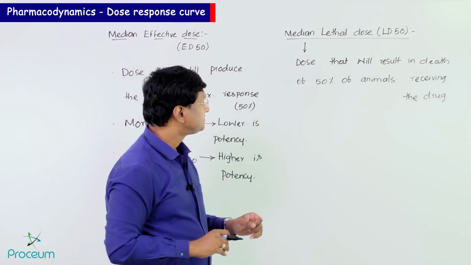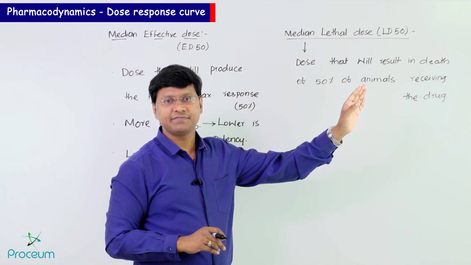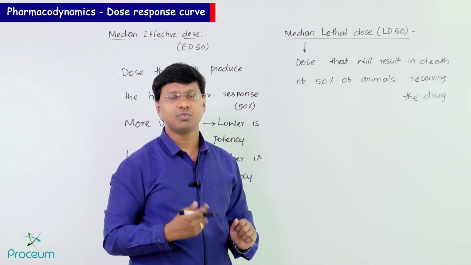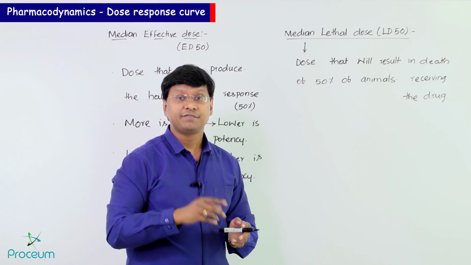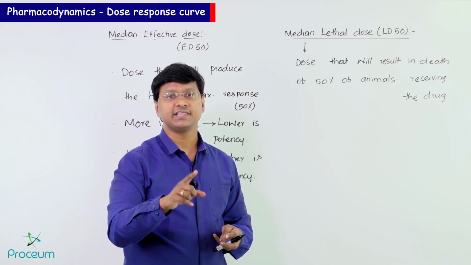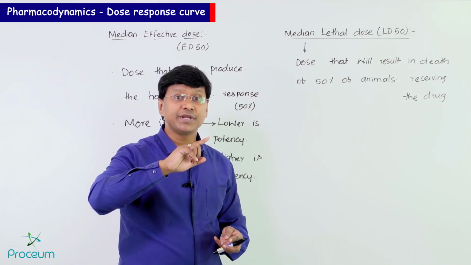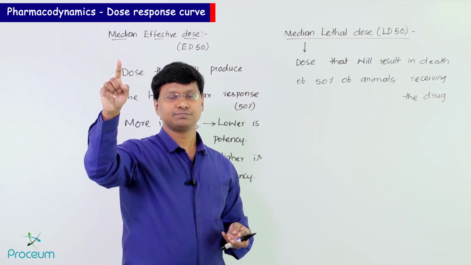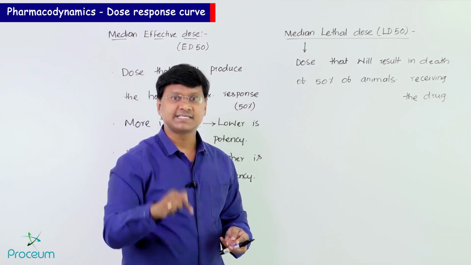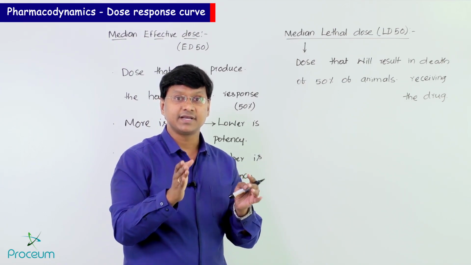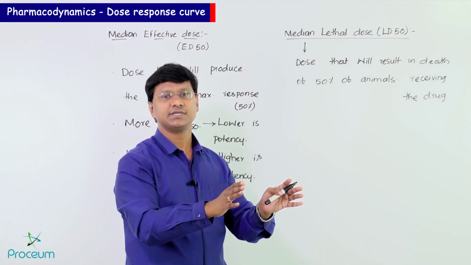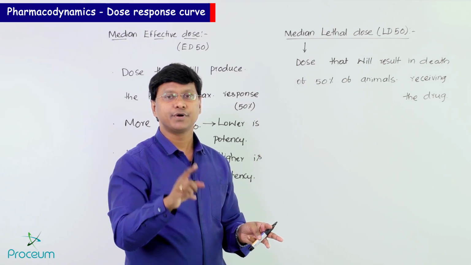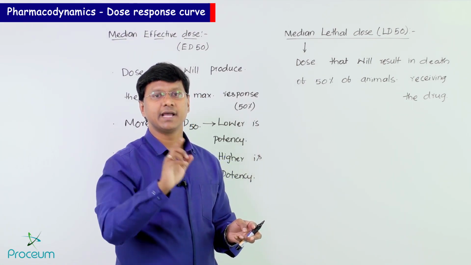Now remember, more is your LD50, safer is the drug. What does that mean? That means for the drug to produce death in 50% of animals, you require more of its dose, and that safe will be your drug. So when the drug is given in large quantities, then it will produce death in 50% of the animals.